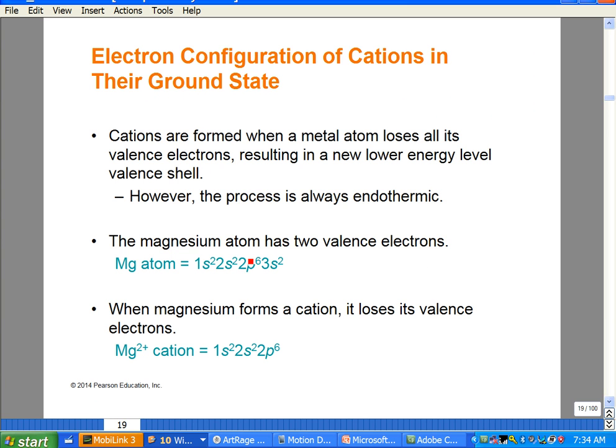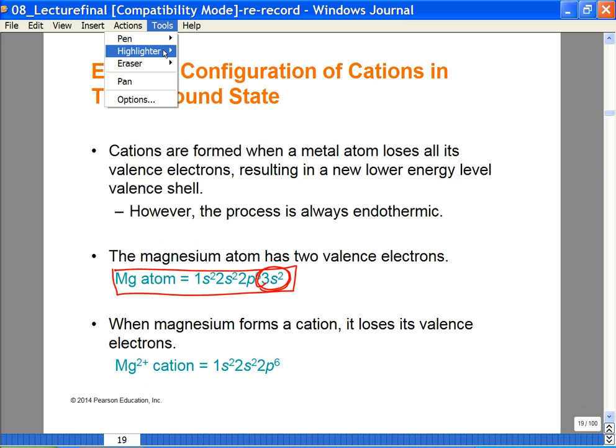Magnesium has 2 valence electrons right here. In order for magnesium to have 8 valence electrons, it needs to lose these 2 here. And when it does that, it loses those 2 electrons.